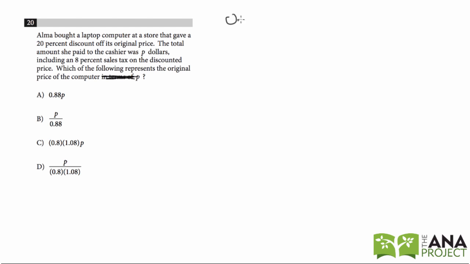With percent problems, starting off with 100 is a really good choice. So let's say the original price of this laptop was $100. And then it gave a 20% discount off its original price.